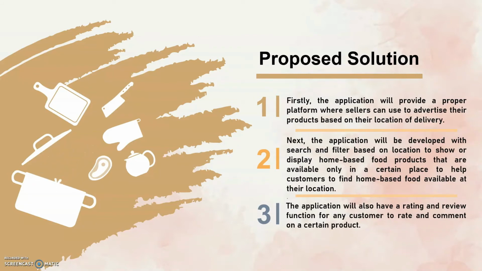And for the proposed solution, to tackle the first problem, the application will provide a proper platform that sellers can use to advertise their products based on their location of delivery.